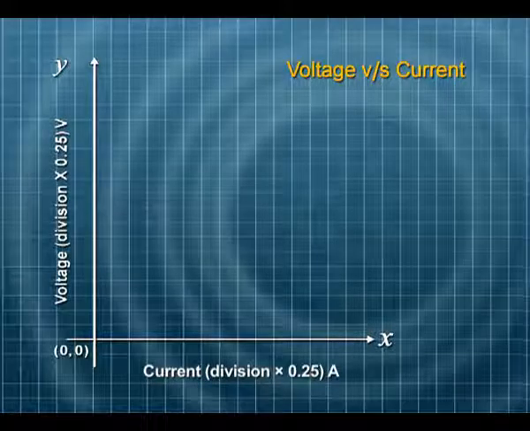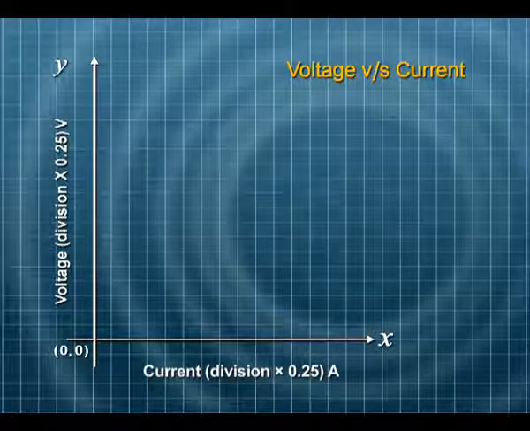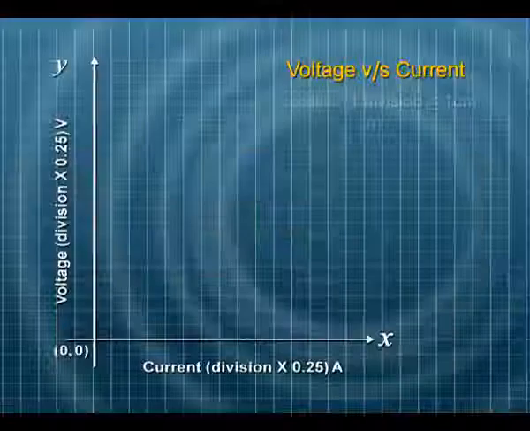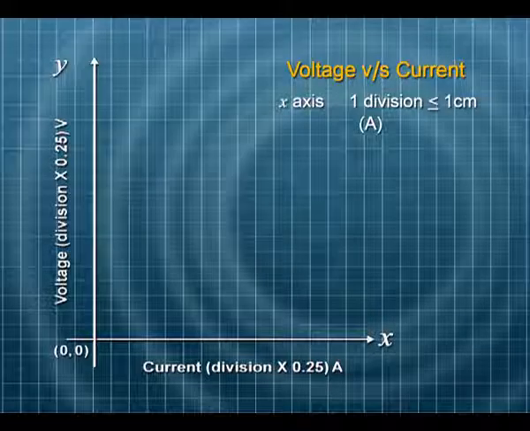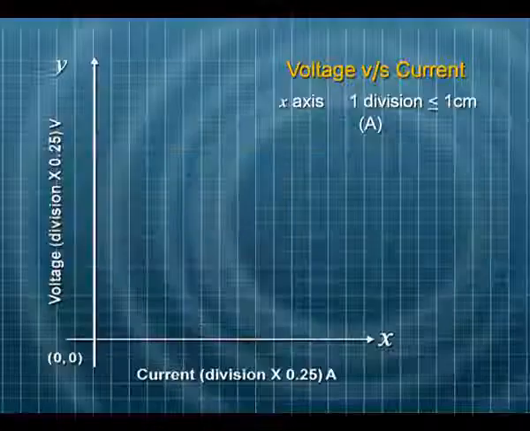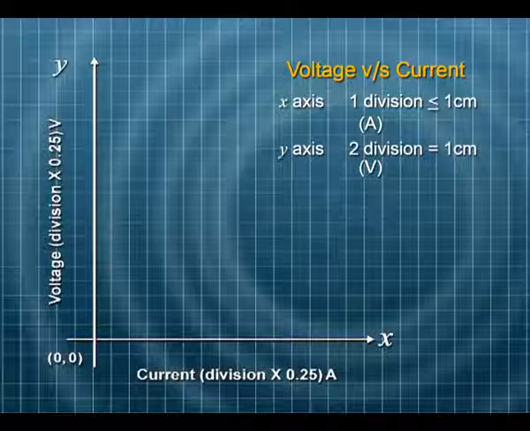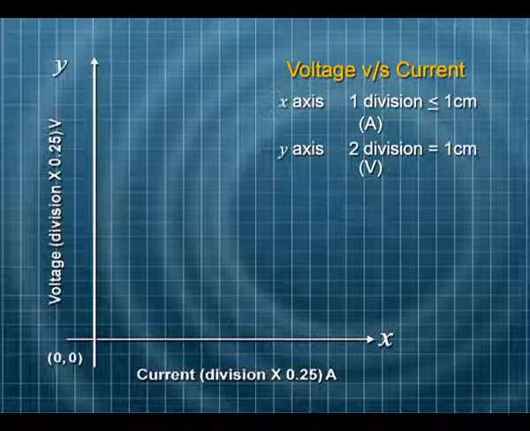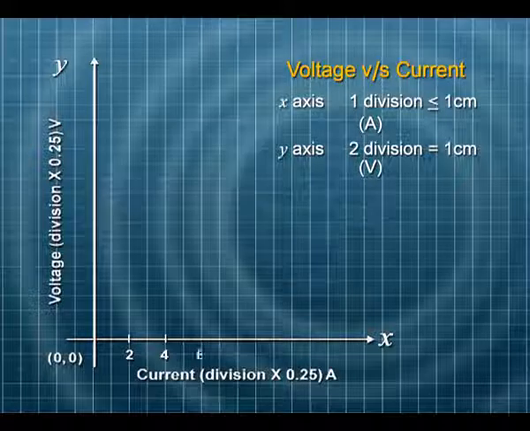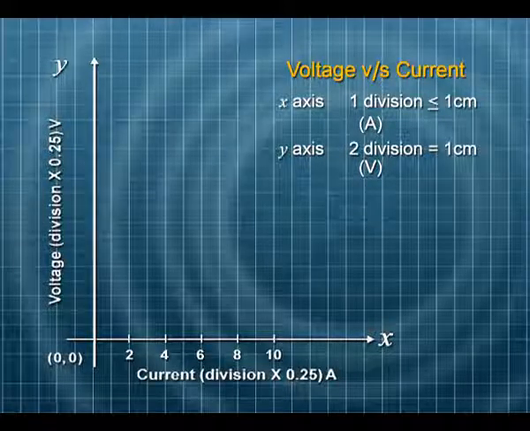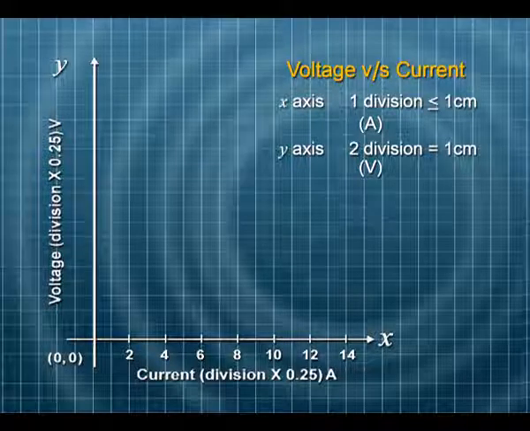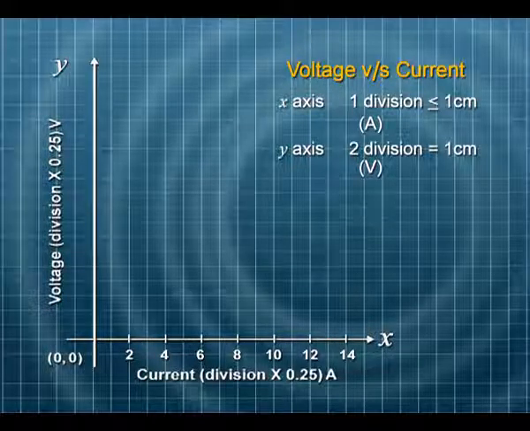Now, we need to choose a scale for the two axes. For the x axis, we can safely take from the readings 2 to 12, one division equal to 1 centimeter, and on the y axis we have to plot 6 to 35. Therefore, 2 divisions is equal to 1 centimeter. Let us mark on this x axis 2, 4, 6, 8, 10, 12, 14, and we need not mark any more because we do not have readings for that.